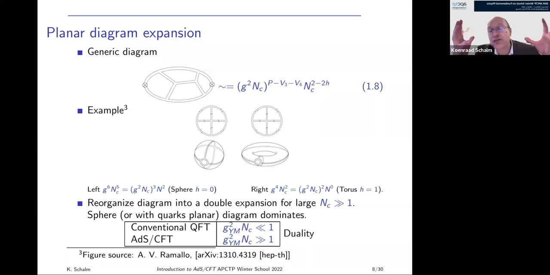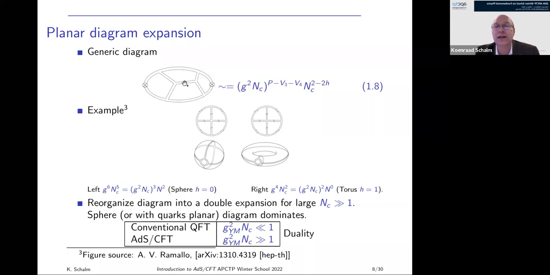Now I have drawn here lots of Feynman diagrams, right? And you clearly see that the more g squareds I have, the more lines I have in here. And so there's an expansion in 1 over Nc, and there's a second expansion in this combination g squared Nc. And conventional quantum field theory, or the conventional planar diagram, of course, still has that g squared is small.